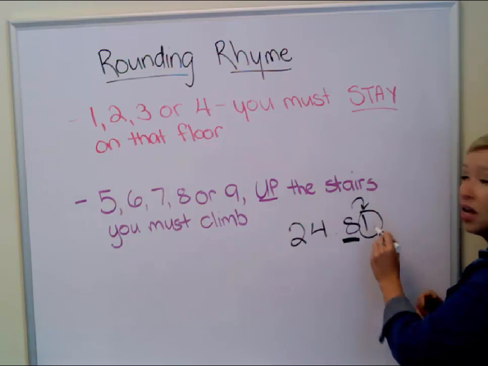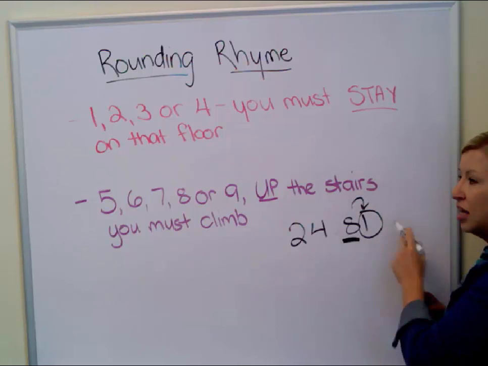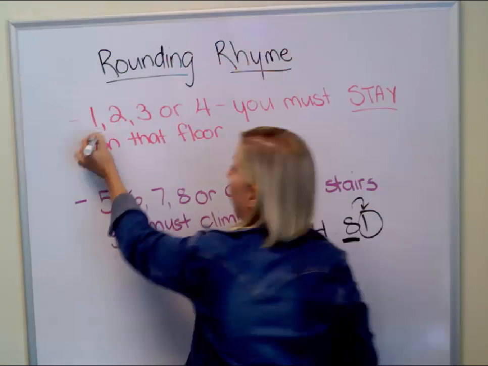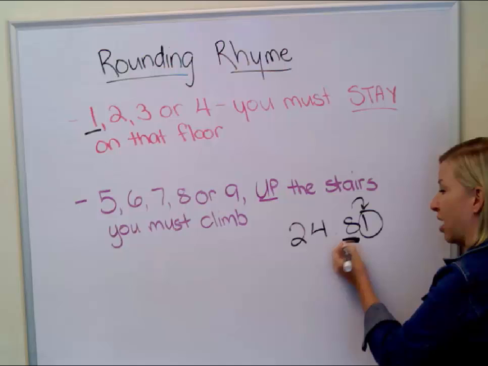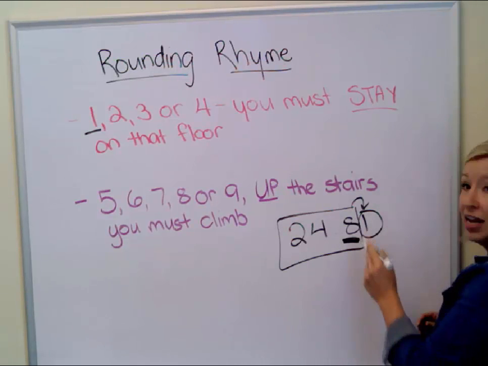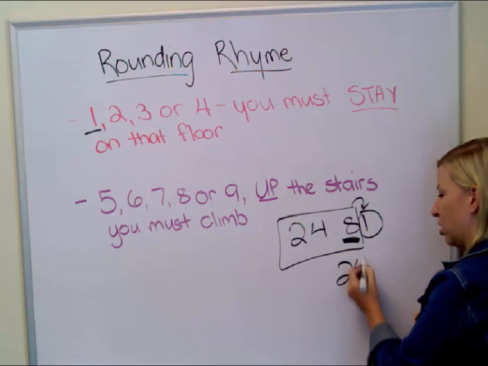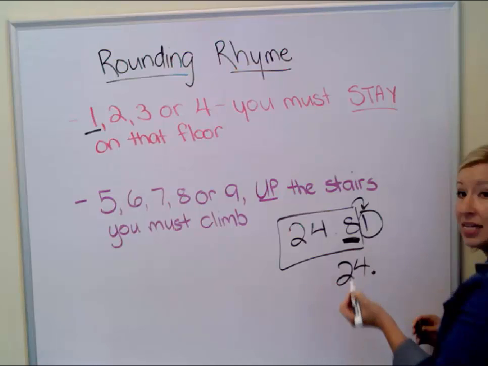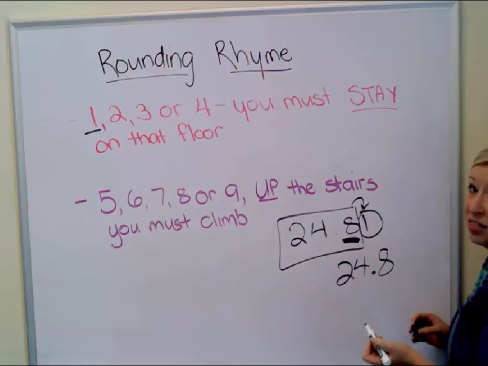So if I look here, the digit that I'm going to use to tell me whether or not I'm rounding up or staying is a 1. So I know that a 1 means I have to stay. So my 8 stays. Now I'm going to rewrite everything that comes before the 8, 24 and the decimal point. And I know that my 8 stays. And with the decimal, I don't need zeros after it.